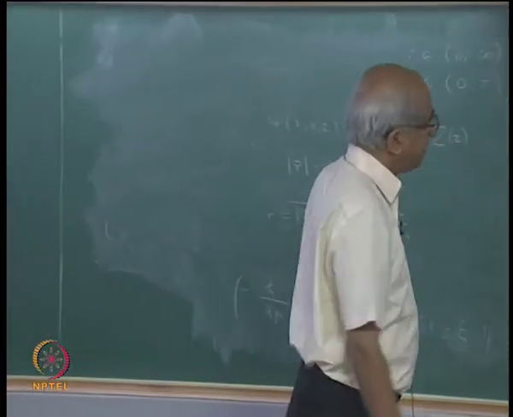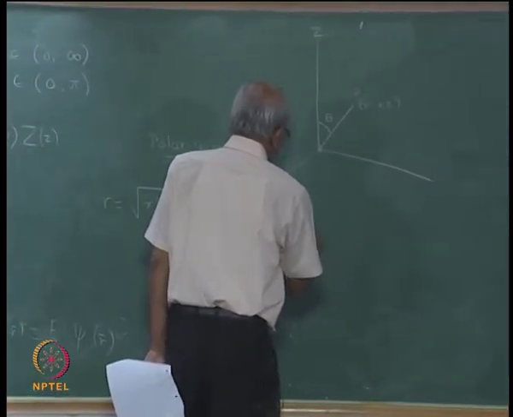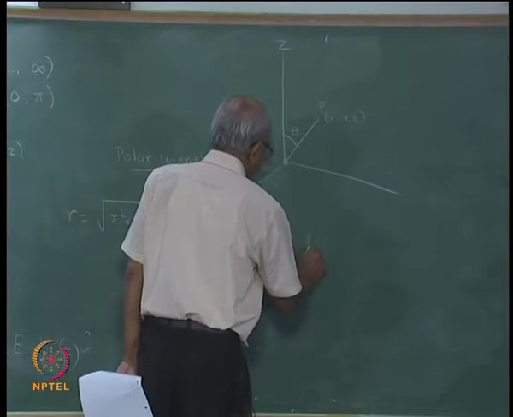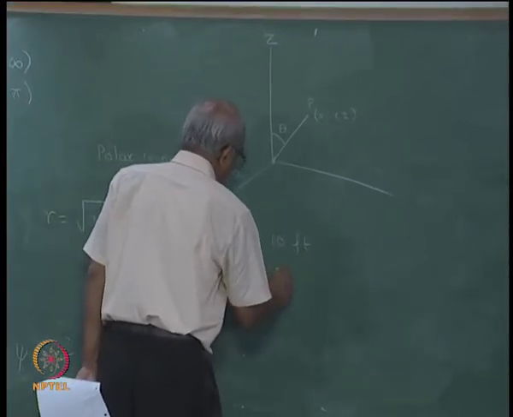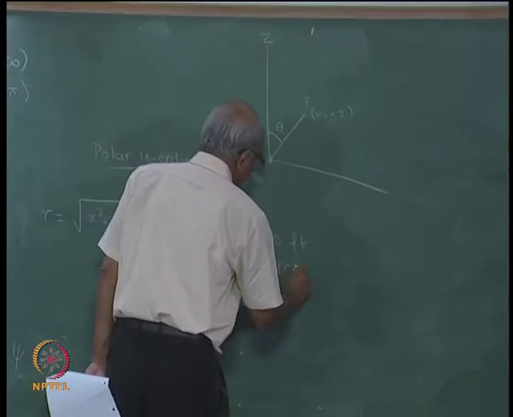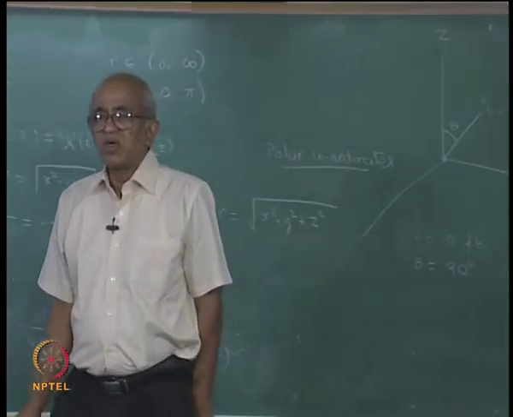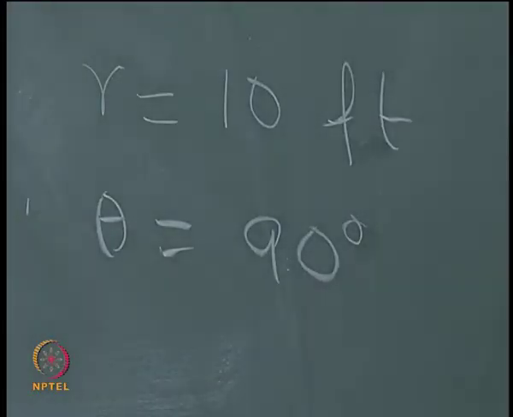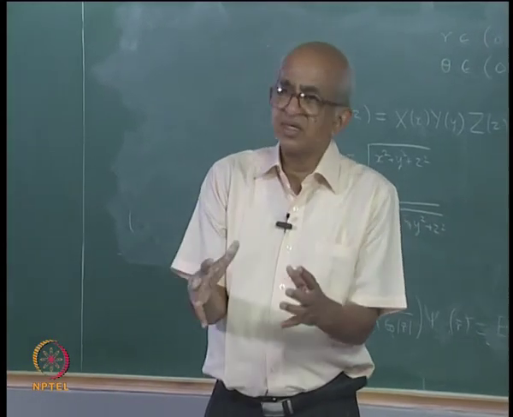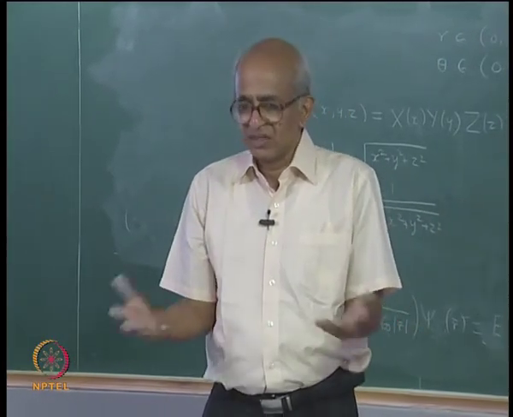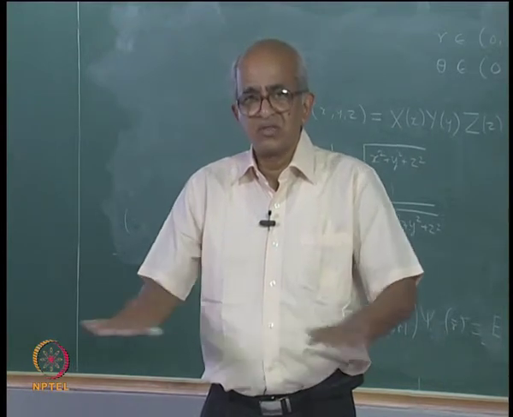Now, if I told you that r is equal to 10 feet and theta is equal to 90 degrees, suppose, what will you say? Well, the first statement implies that it is on the surface of a sphere having radius 10 feet. The second statement says that it is in the xy plane.